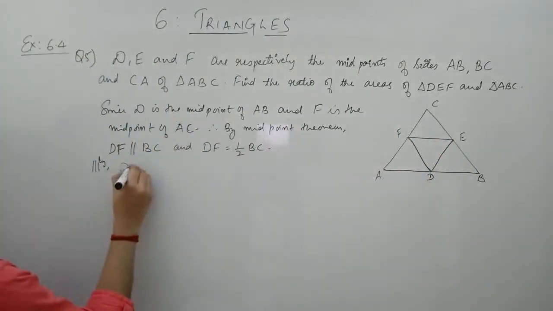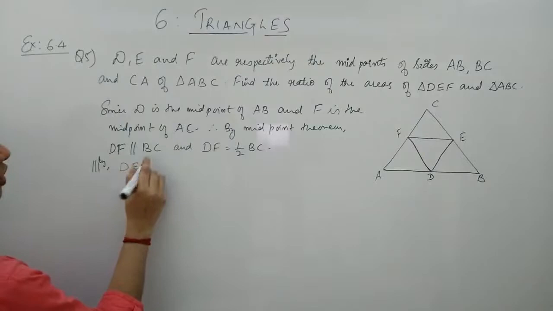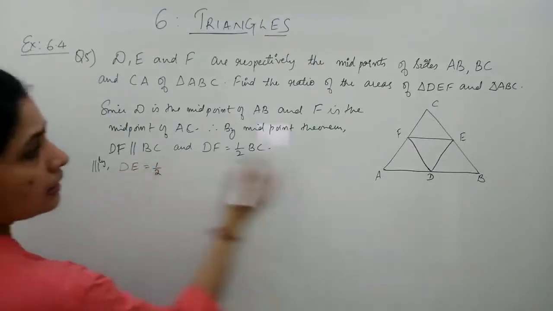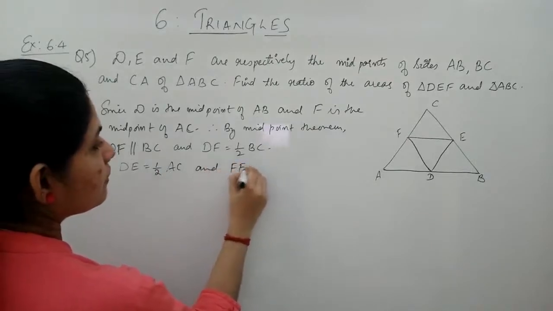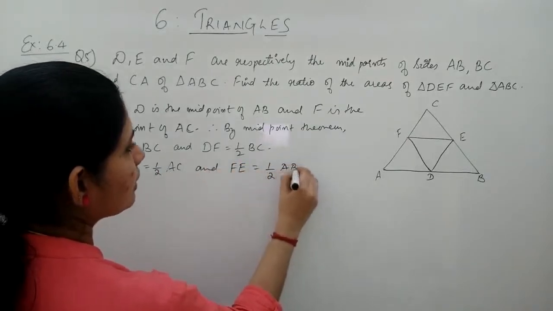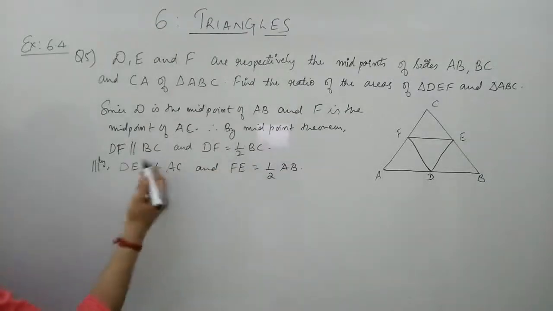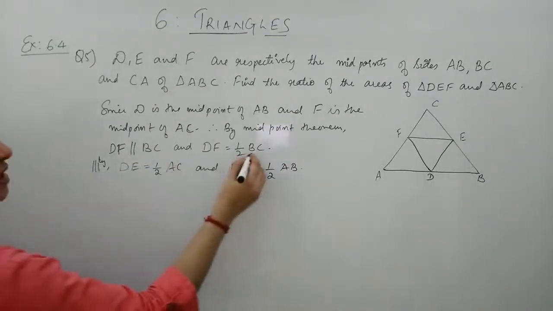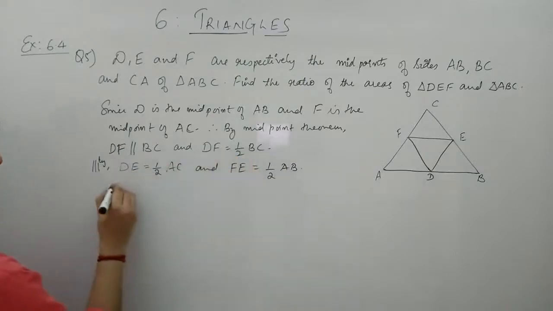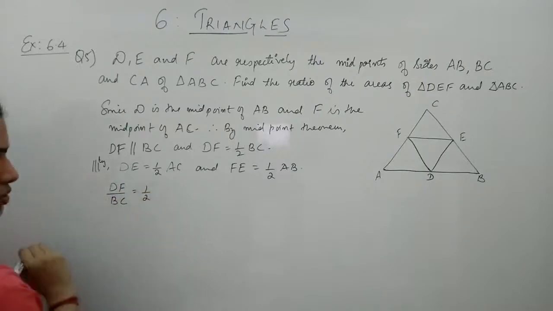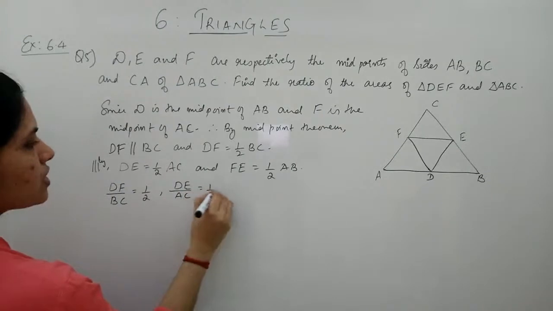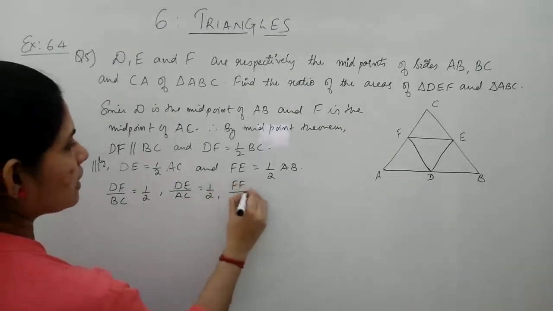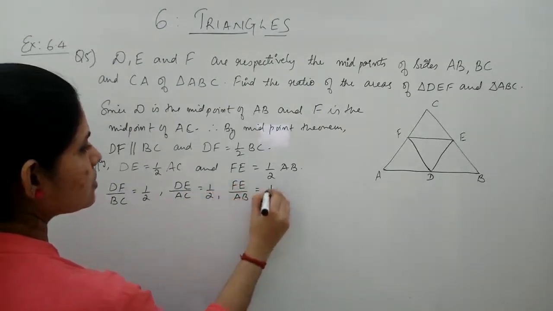Okay, so from all these three concepts, from the first one, DF by BC is equal to 1 by 2. DE by AC also equal to 1 by 2. FE by AB is also equal to 1 by 2.